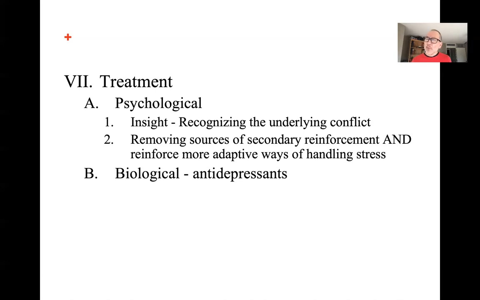Other forms of psychological treatment that seem to be effective: insight-oriented therapy, helping people recognize what other psychological issues are occurring. Just to oversimplify here, treatment that tells a person you're faking it or you're making it up or your medical problem isn't real is probably not going to get you anywhere.